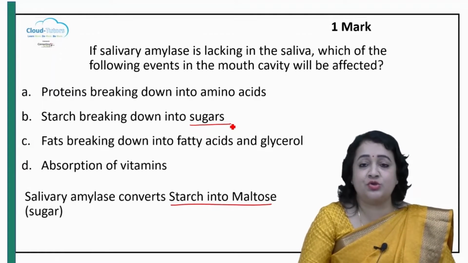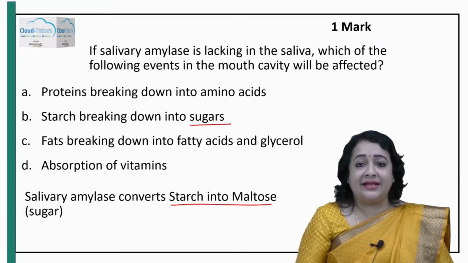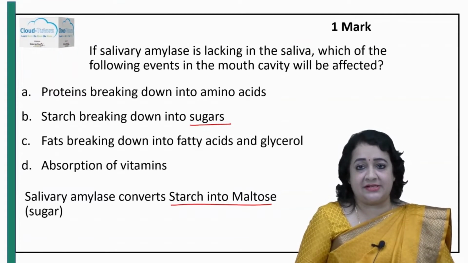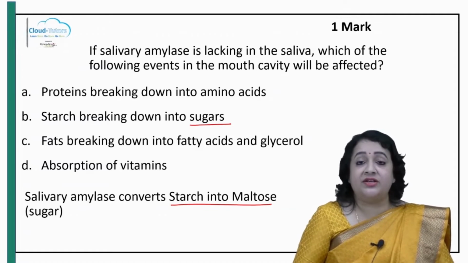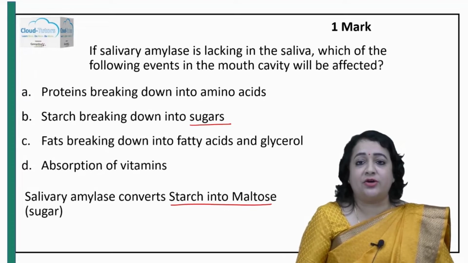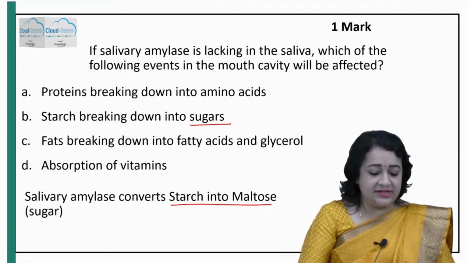Maltose is nothing but sugar. Suppose the salivary amylase is not there. Then the conversion of starch into sugar, which happens in the mouth cavity, will be affected. So amylase converts starch into maltose, and that will not happen if salivary amylase is not there. So the answer is B.